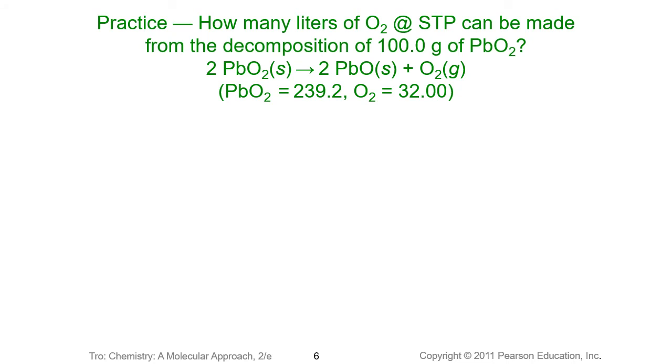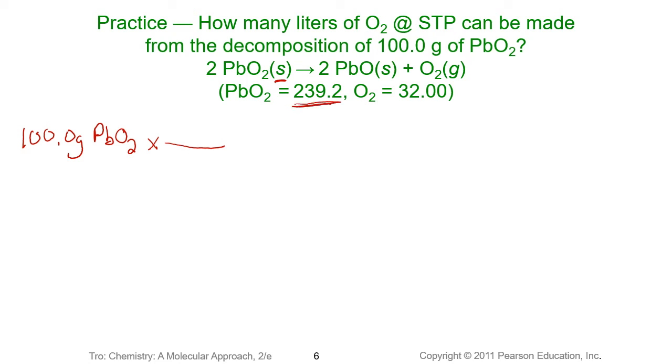Here's a problem for you to try. See if you can calculate the number of liters of oxygen from the decomposition of 100 grams of lead 4 oxide. Pause the video to find the volume. We'll start with 100 grams of lead 4 oxide. Please note that this is a solid, and so we need to convert to moles in order to use our balanced chemical reaction.